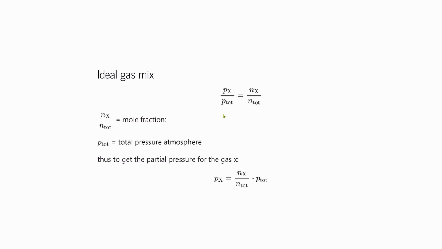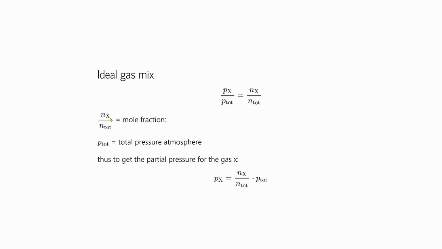So with this simple equation we can calculate then the partial pressure of CO2 in the atmosphere. So we just need to know the mole fraction of CO2, that is the value you usually find in the media or online. So like currently 420 ppm.